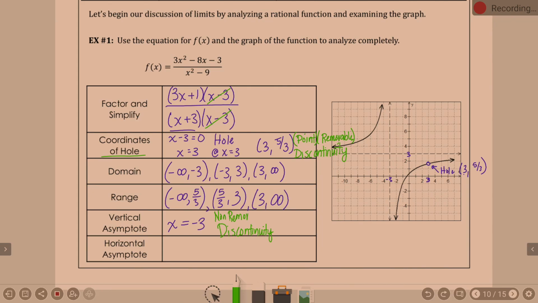So you could say a non-removable discontinuity. Calculus also talks about it being an infinite discontinuity. Maybe shouldn't have used that bright green, but that's all right. So a vertical asymptote is a discontinuity because my domain has a break in it. Non-removable or infinite.